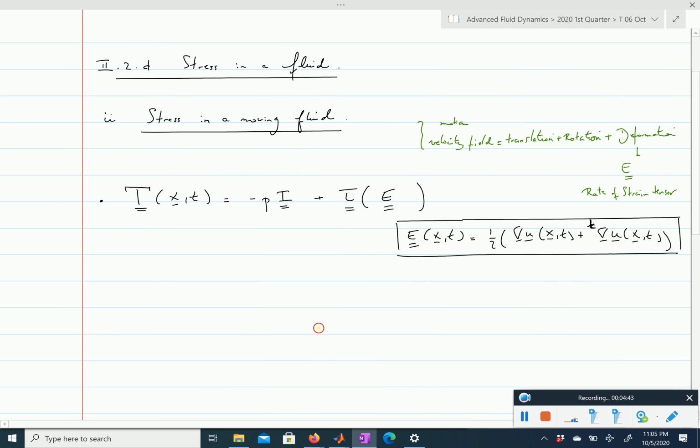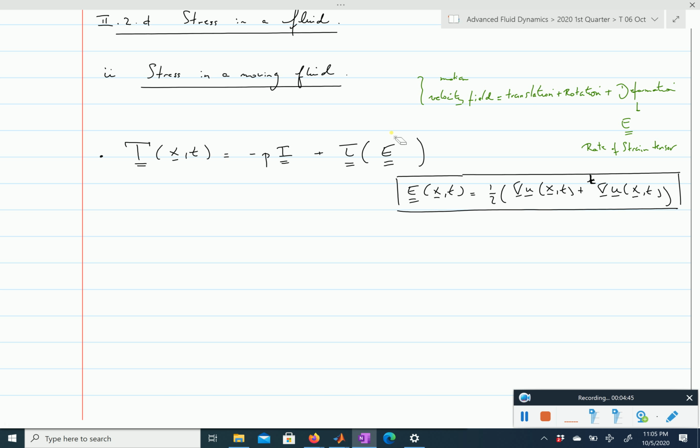So the question is, how does our stress tensor, tau, depend on the rate of strain tensor? This is when we essentially put into our system that we are looking at a fluid and not at a solid. This relationship between our rate of deformation and tau, or in solid mechanics the relationship between the strain tensor and tau, is called a constitutive relation.